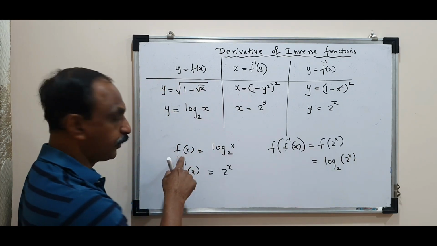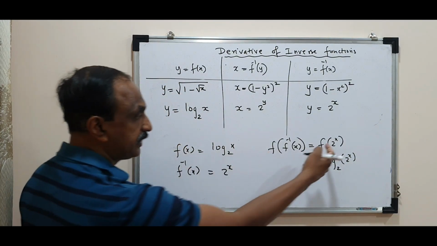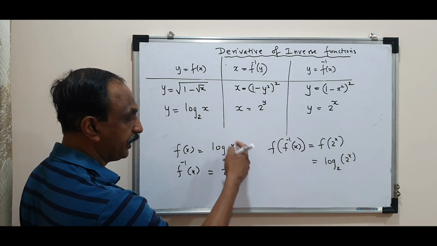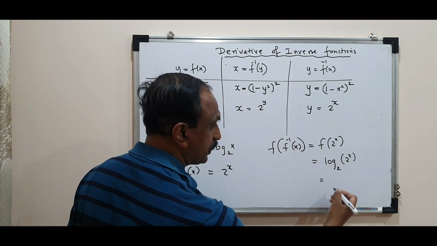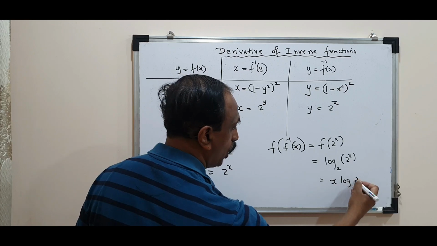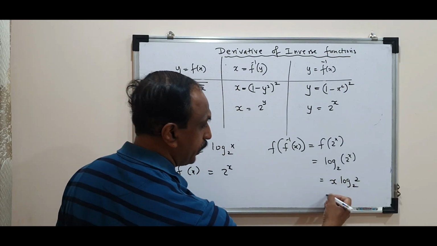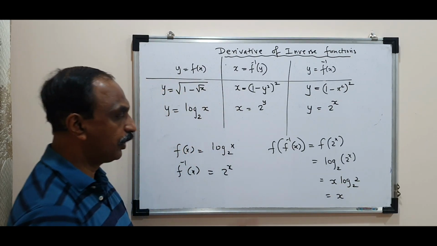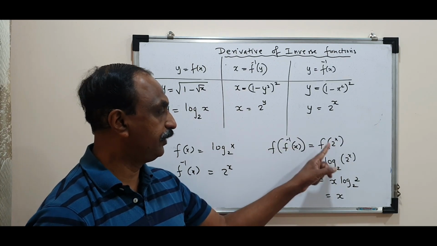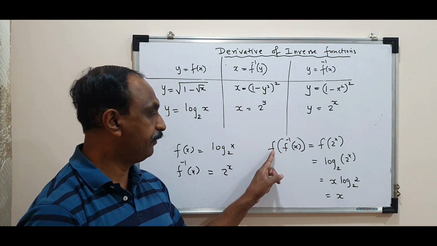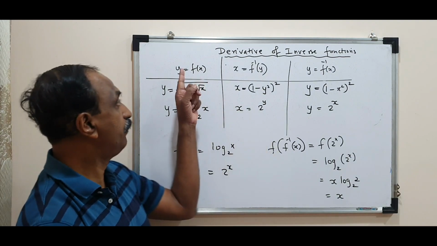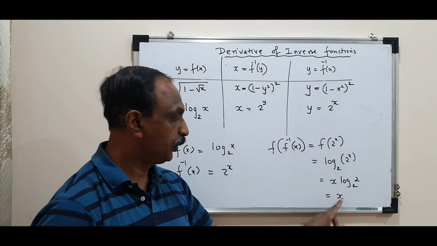In the formula of f of x, wherever x is there, replace it by 2 raised to x. Which can be written as x log 2 to the base 2. Log 2 to the base 2 is 1. So what you notice is f of f inverse x is x. Whenever you find a composite function of a function and its inverse, you will end up with x.